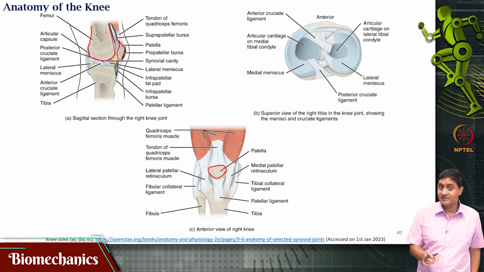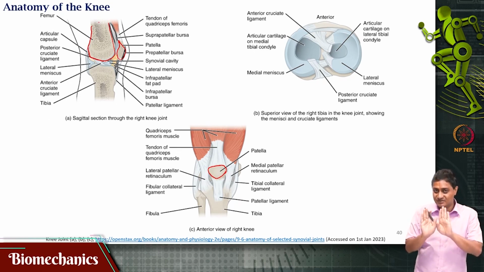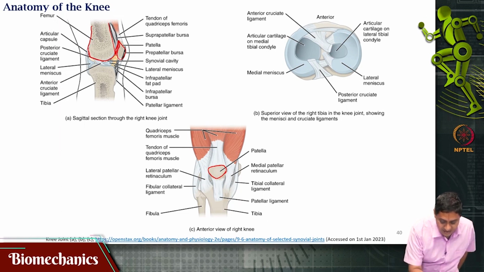Because this is the side view, here I will be looking at how the femur interacts with the tibia, one of the interactions, and the patella. So, here you have the gliding motion of the patellofemoral joint that is possible, that is one, and then there is at least one tibiofemoral joint that you can see here.